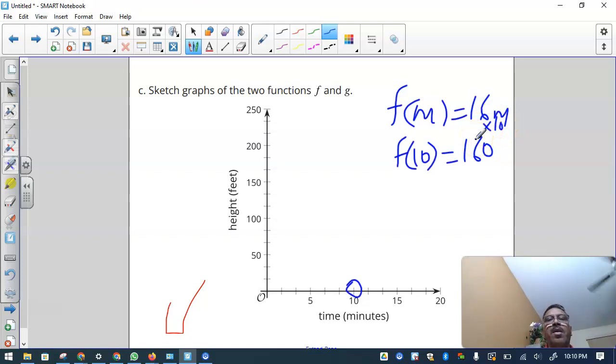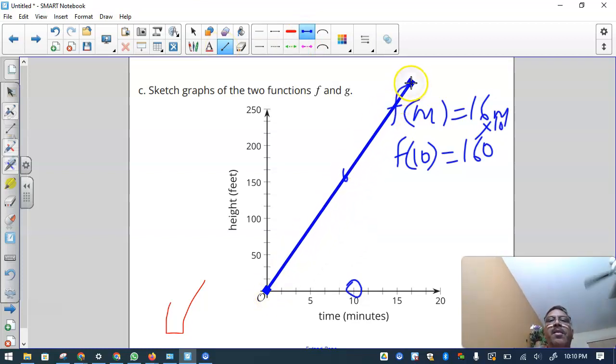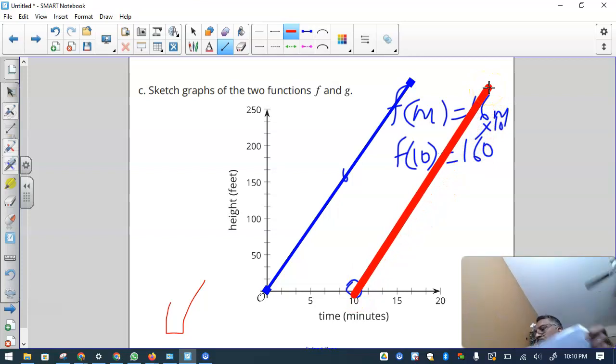So that means 160 will be somewhere here. So I can graph it. This is where it takes off and it goes like this. That's the original f of x, and the g of x will be the same, but goes this way, at the same speed. So that's how it looks.